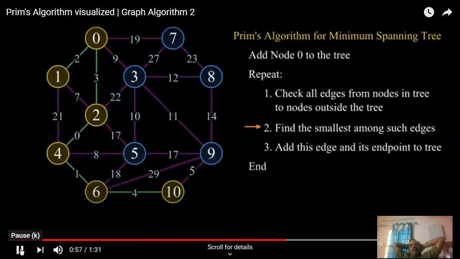Check all the outgoing nodes outside the tree, from nodes in the tree to nodes outside the tree. Second step. Third step. Repeat. Step 1, step 2, step 3. Repeated again and again. The arrow mark is indicating.